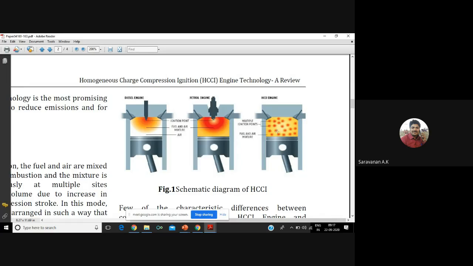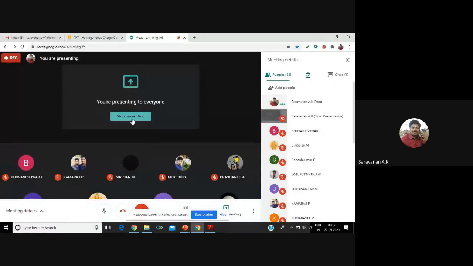So in this class we have given the introduction about the HCCI engine. What is the HCCI engine? Then why we have to go for this technology? Only for the emission.